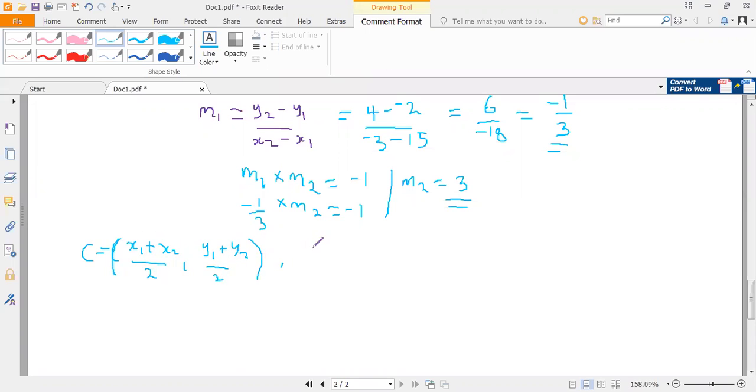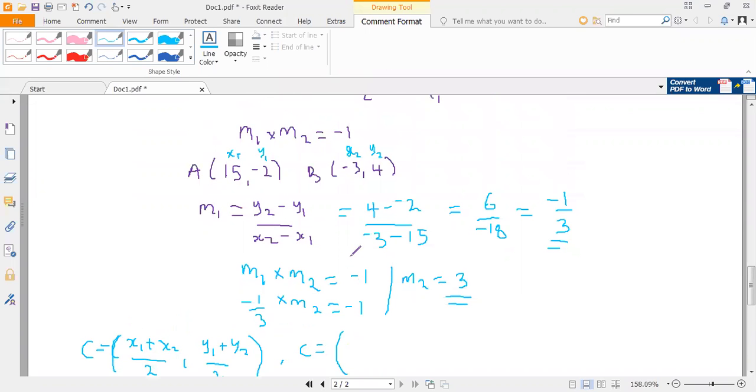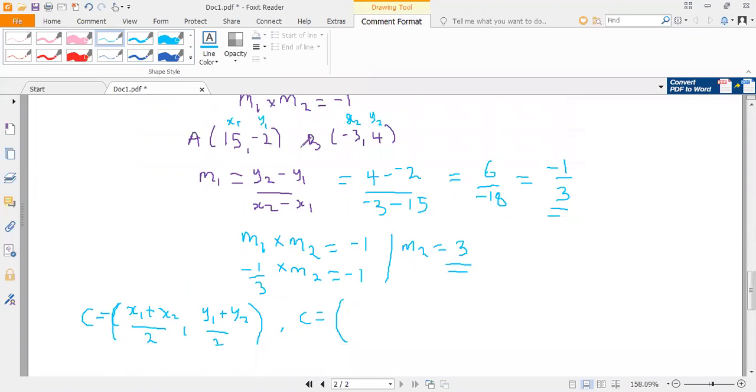So C will be given by, still using the same points A and B, with 15 being x1 and negative 2 being y1, negative 3 x2 and 4 as y2.